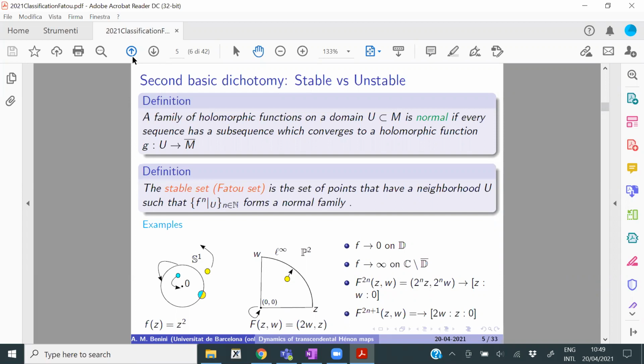And now let us look a little bit at what happens again in our two very basic examples. In the z squared example, the Julia set is the unit circle. Why? Because in every neighborhood near the unit circle, you have points which go to infinity and points which go to 0. So there is no way that any limit function or subsequence of limit functions can be convergent.